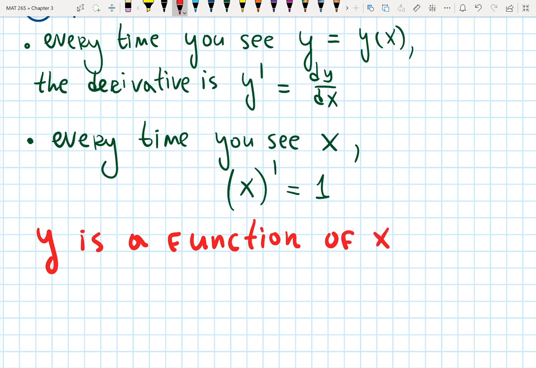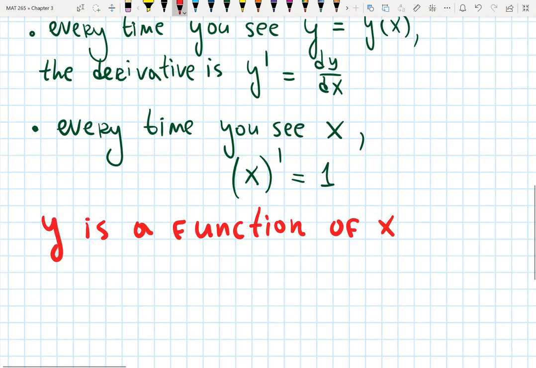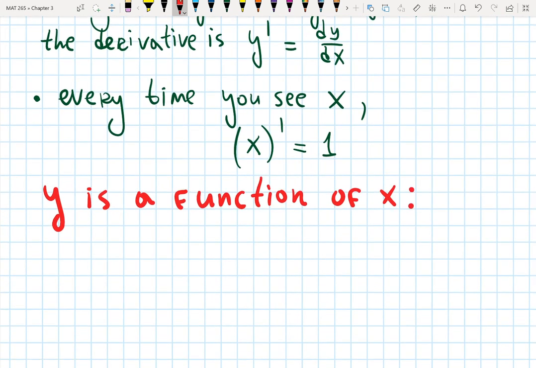of x. So based on the chain rule, y of x. X is my input, y is my output. So x is literally inside of y, right? Y depends on x. X does not depend on anything. X can be whatever you want in a domain. Y depends on your input.